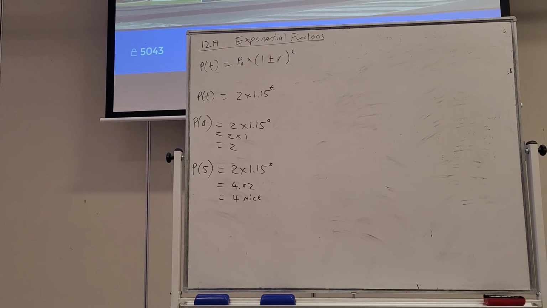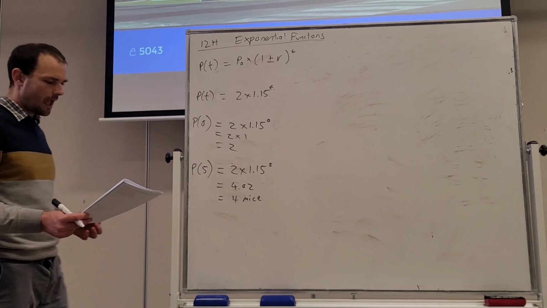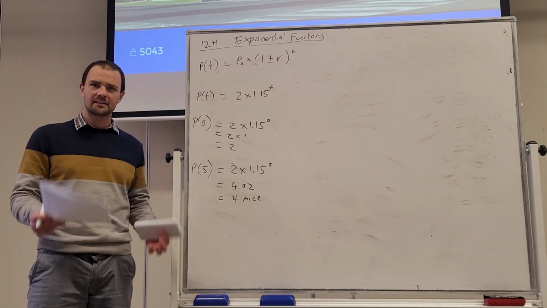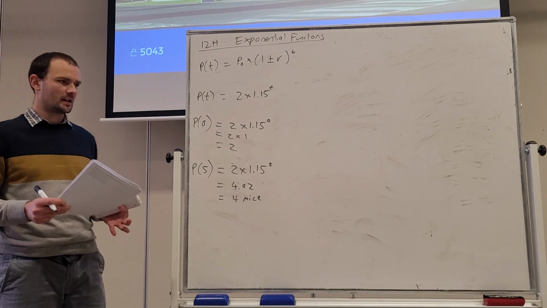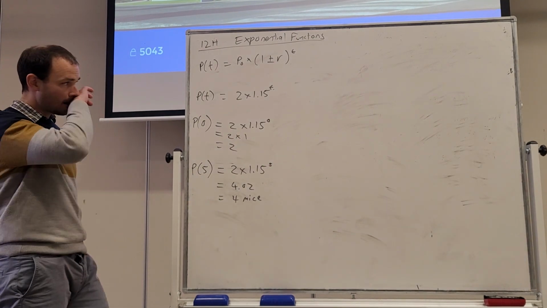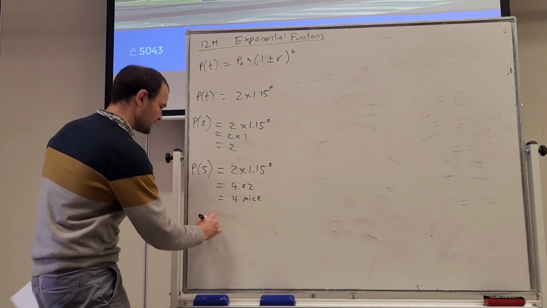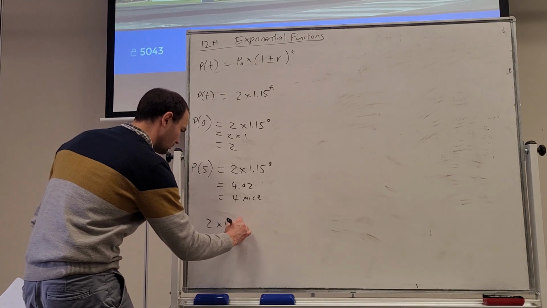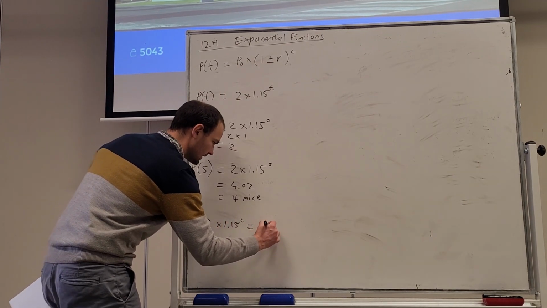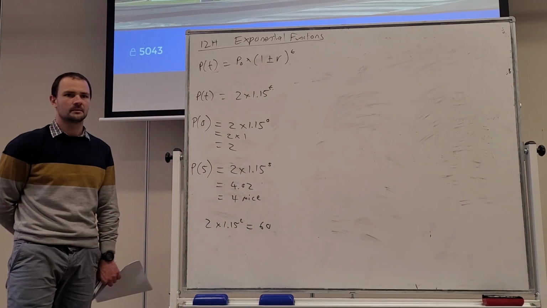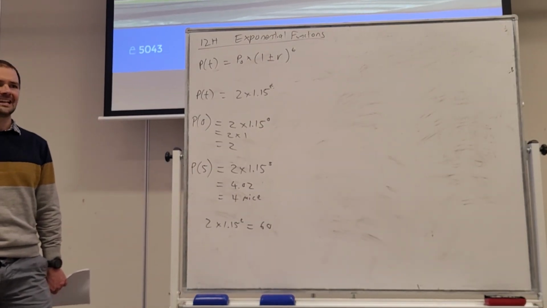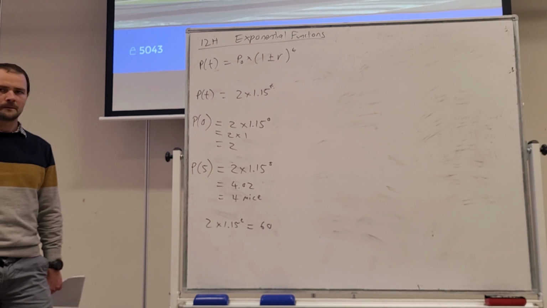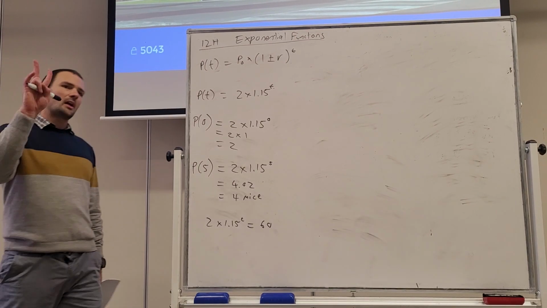The next one. How long will it take for the population to reach 60 mice? So now we're saying, how long will it take for 2 times 1.15 to the power of t to equal 60? That's the equation we're trying to solve for t. There are 2 strategies we can use.